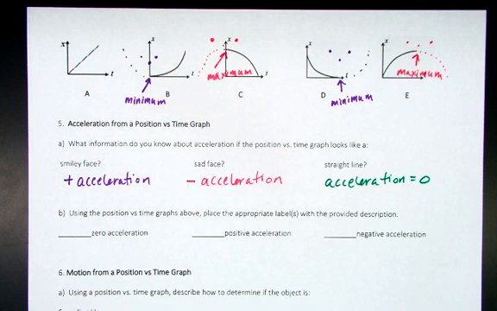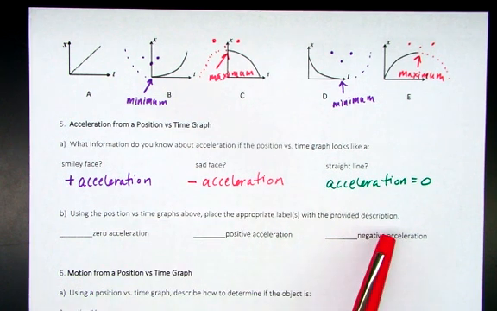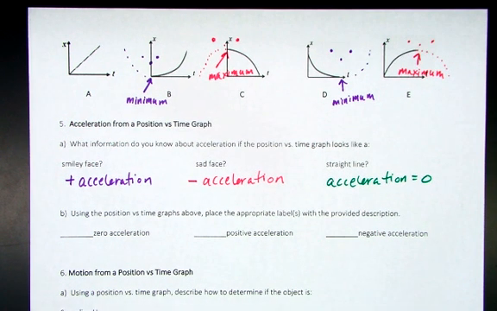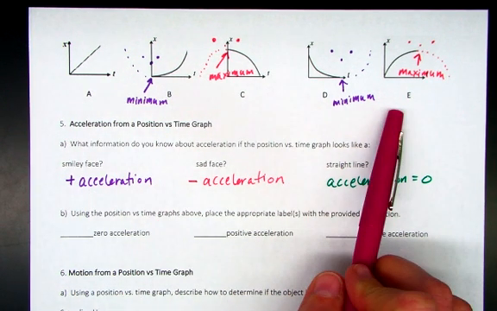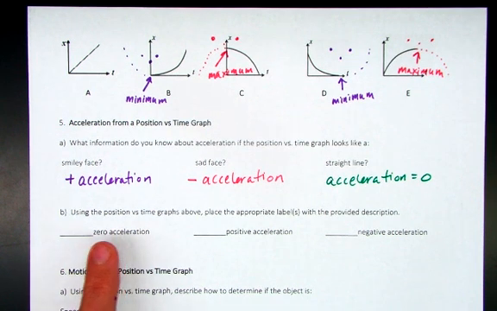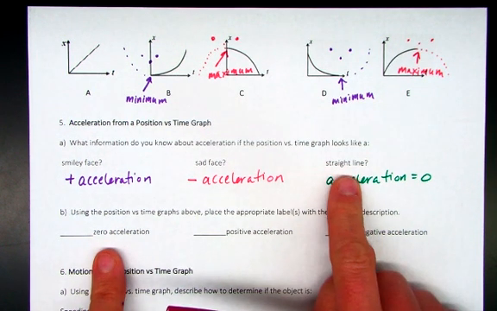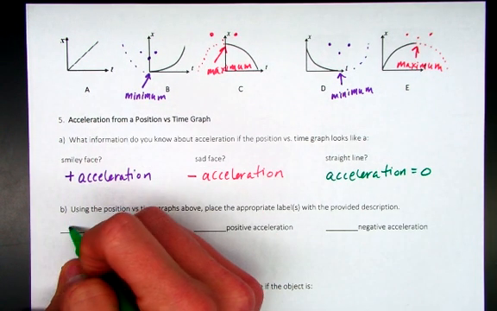All right, so using the position versus time graphs above, place the appropriate labels with the provided acceleration. I have graphs A, B, C, D, and E. And what I'm going to do is look for the one with 0 acceleration. Well, if you have a straight line, that means your acceleration is not changing, and so that's going to be A. This is a straight line.